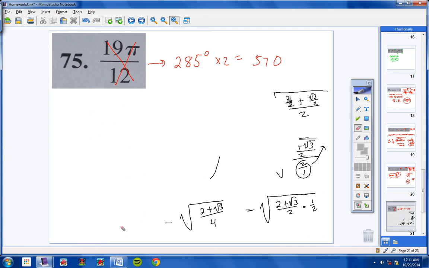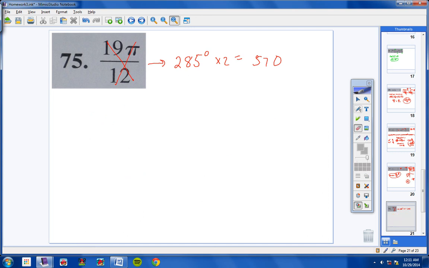Now let's deal with the cosine of 570 or 285, but instead of using 285, we're going to use 570 divided by 2, okay? Equals plus minus, let's see what we have here, 1 plus cosine of u all over 2.